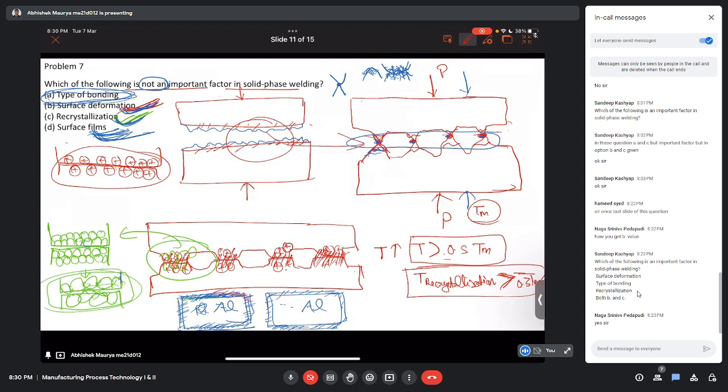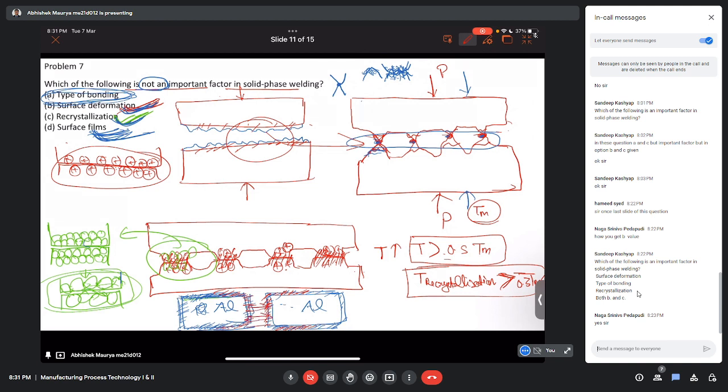So here, suppose this is the oxide layer, we will clean it by rubbing, by polishing, by scratching. So there are many methods. We will remove the oxide layer, then we will bring them together, and only then there is a possibility of metal to metal contact, and a possibility of formation of a metallic bond between the materials.